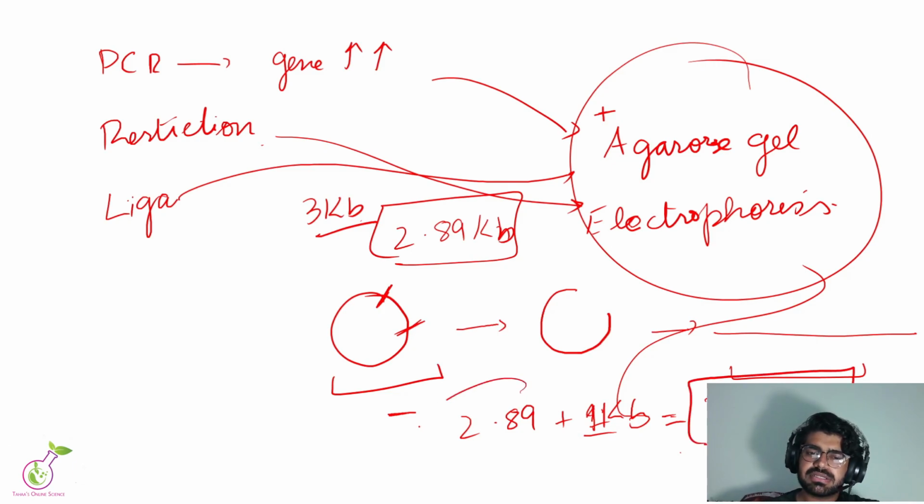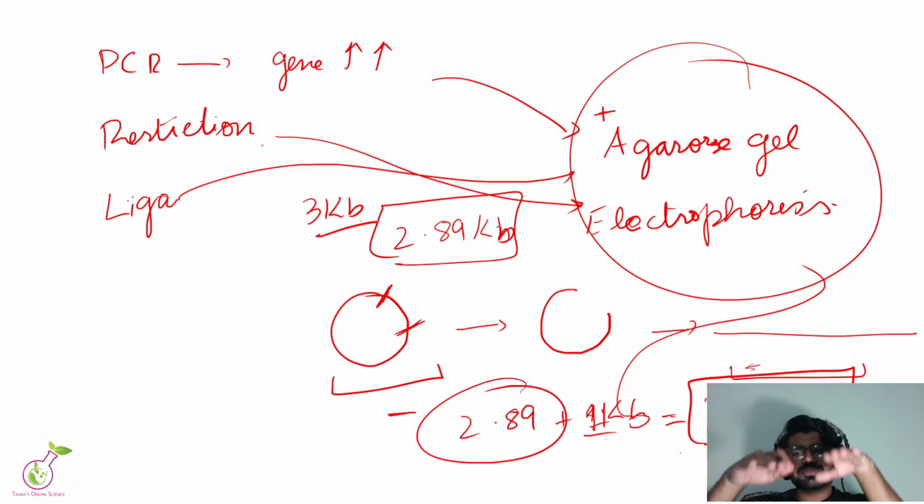So this and this will have appreciable distance between both of them on the gel. So we can easily say our ligation was actually right. There are other techniques as well to check those, but we can use gel for this, to validate these results as well.